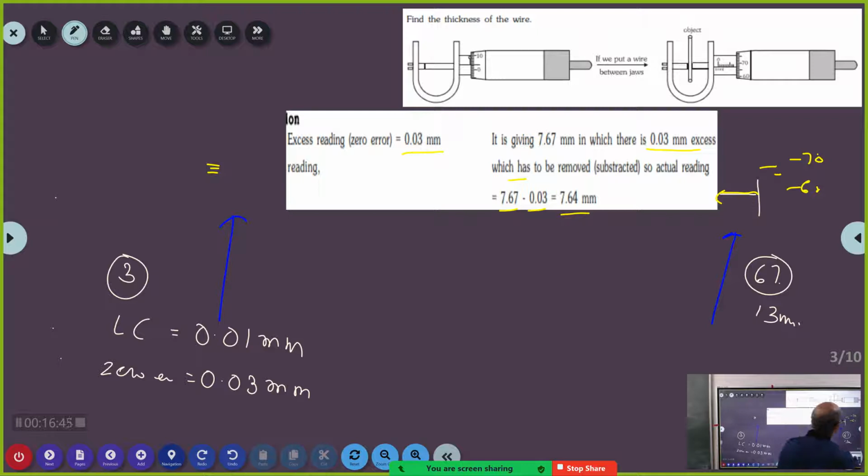I gave the main scale reading as 13 millimeters. No, it's recorded here as 7. I'm sorry, I also read it wrongly here. So the main scale reading should be 7. That's what it's indicating here. And here it is 67, which I have recorded correctly. So 7 plus 0.67, 7.67. So this is valid.